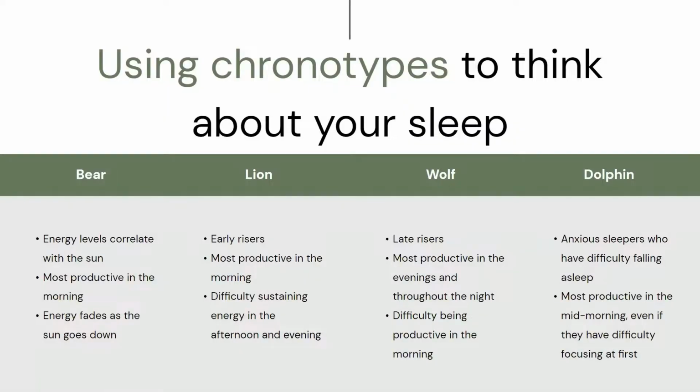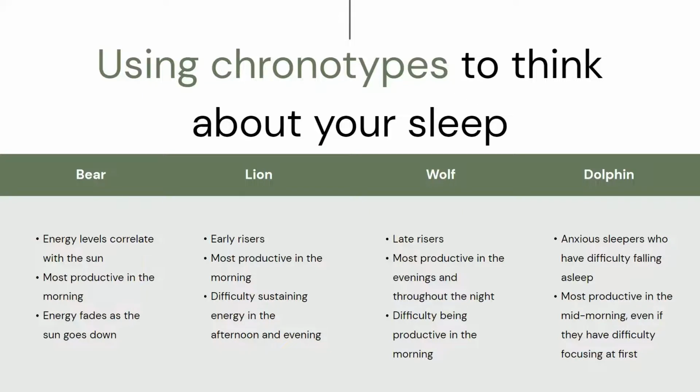So chronotypes use 4 different main categories. They are not exclusive. Sometimes there can be a little bit of overlap, but these 4 types are named for animals. The most common that we see are the bear and the lion. The bear is someone whose energy levels correlate with the sun. This is someone who works very well in a 9-to-5 kind of situation.